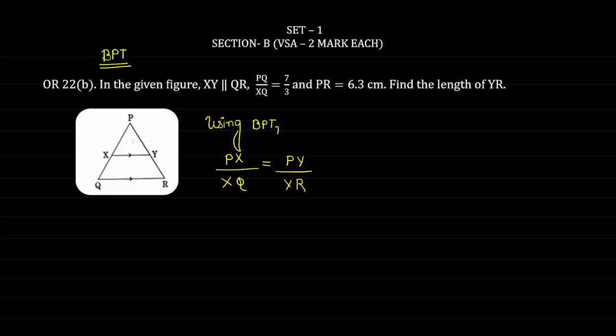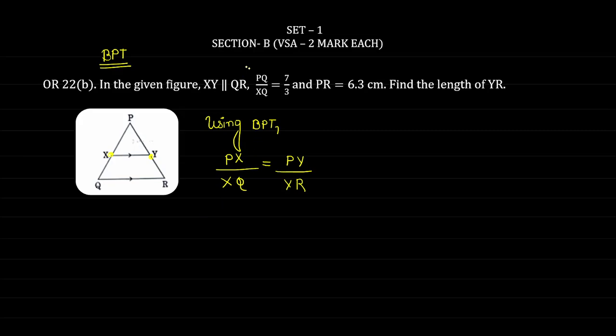If a line is parallel to any side of the triangle, so this line XY is parallel to QR and it is intersecting the other two sides, that is PQ and PR, at distinct points X and Y, then it divides the other two sides in the same ratio.